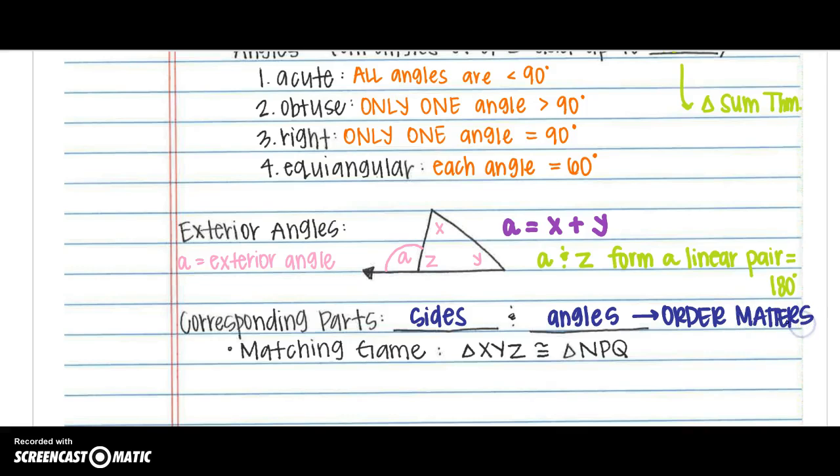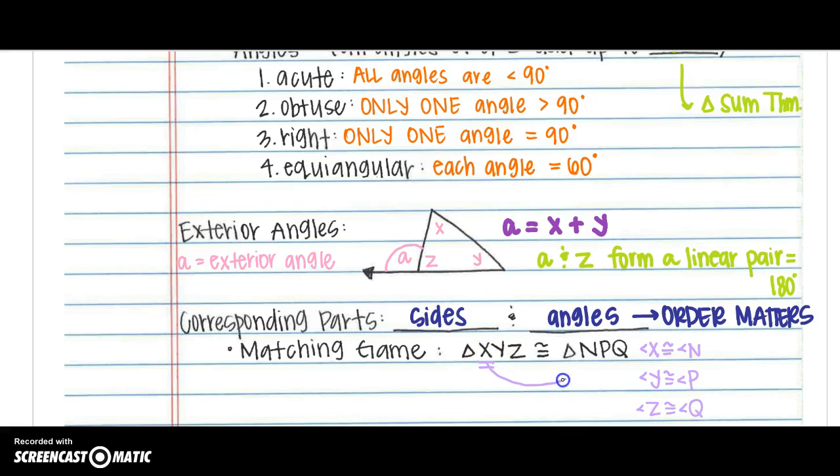When we are comparing two angles, that is when order matters. So remember, I can say angle X right here, the first one, is congruent to angle N. I can also say angle Y is congruent to angle P. And last, I can say angle Z is congruent to angle Q.